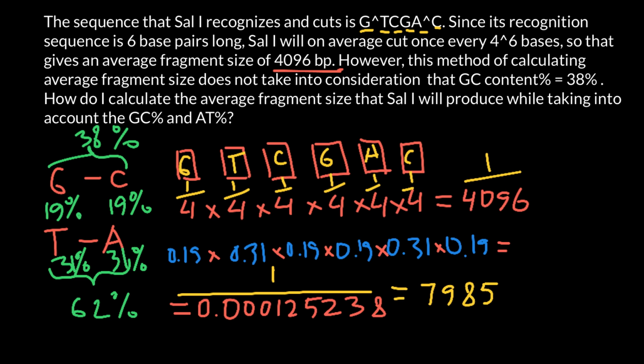If every base were represented in equal amounts of 25%, this would be the fragment size. But if we change the ratio of GC to AT, the ratio of bases, then as you see, this is how it influences our calculations.